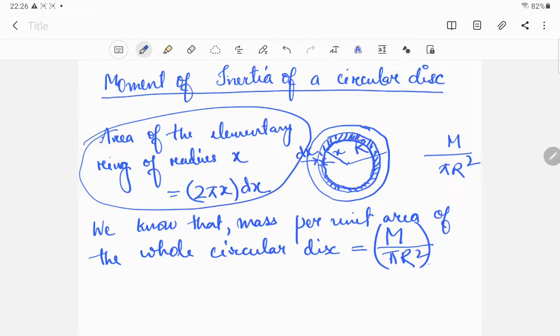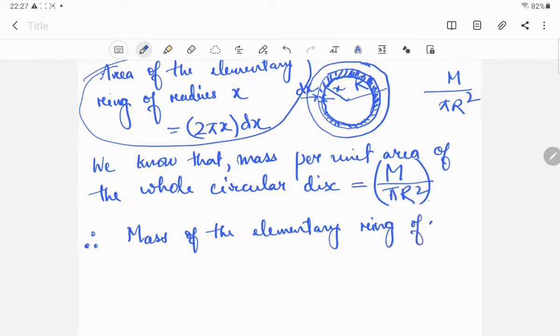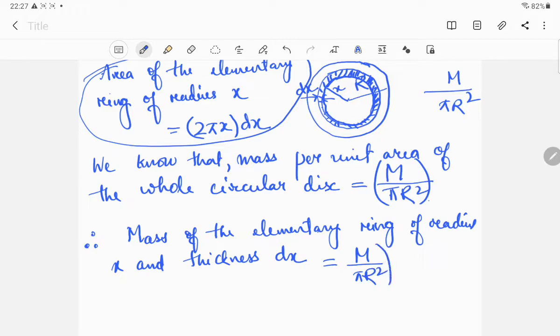So this particular shaded area, this ring that we have considered, the mass of this ring will be, therefore, mass of the elementary ring of radius x and thickness dx is equal to, so this is the mass per unit area, and this is the area of the ring, so it is twice pi x dx.